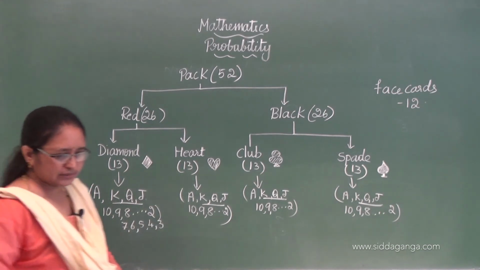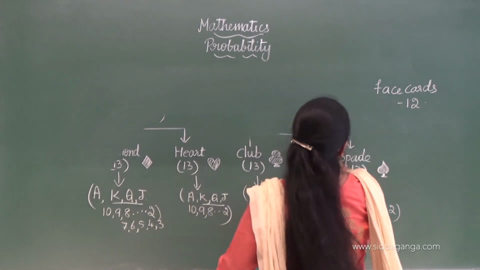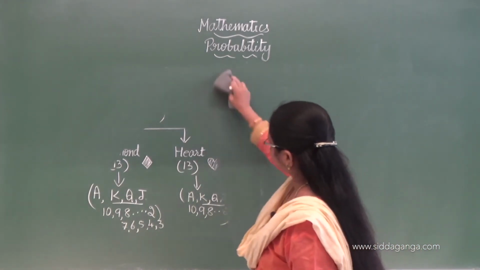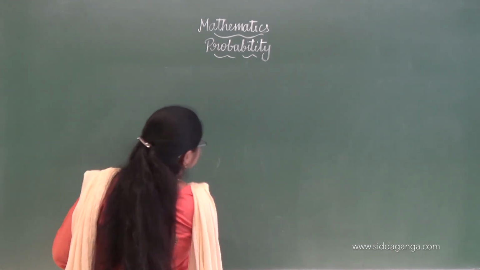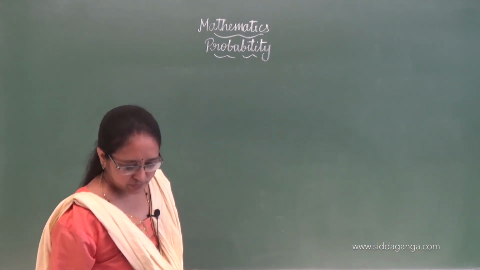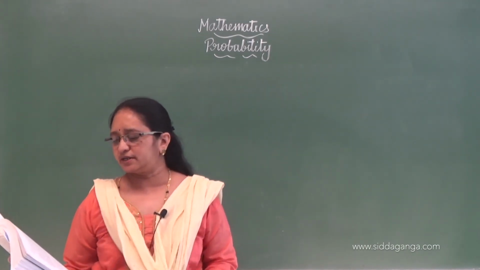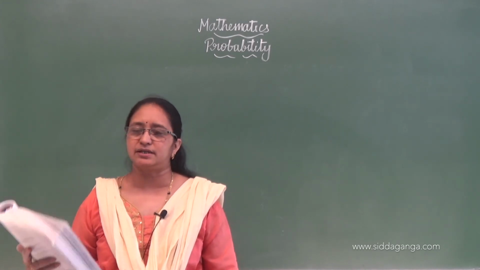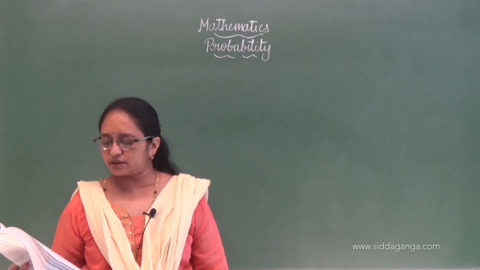See, only 2 examples I will do. First example, page number 298: find the probability of getting a head when the coin is tossed once. Also find the probability of getting a tail. First example, probability of getting a head.